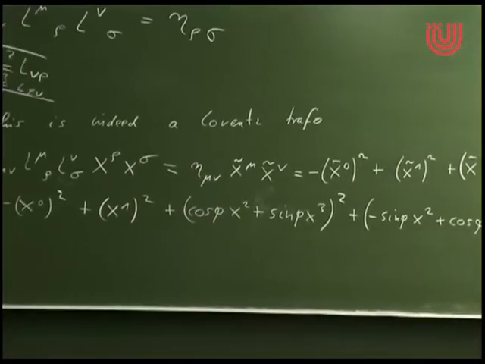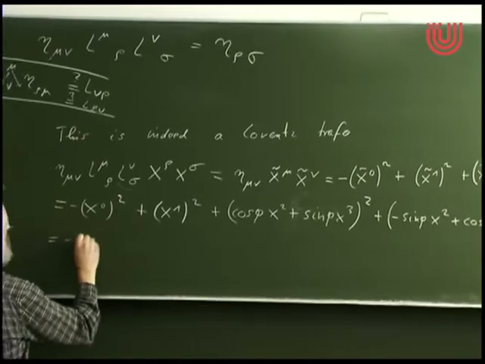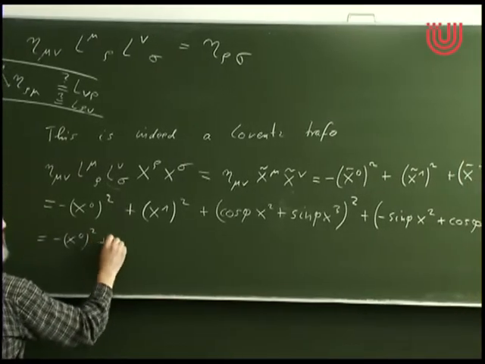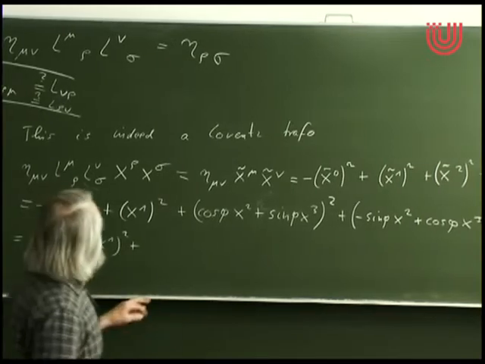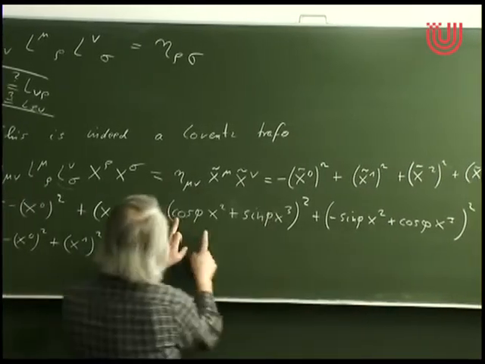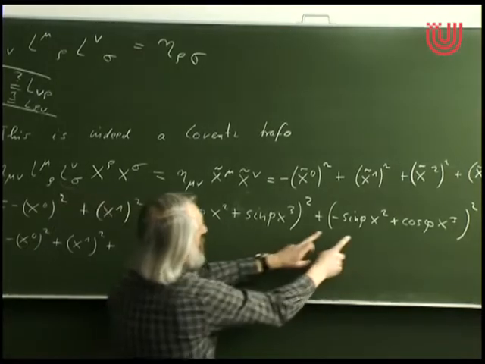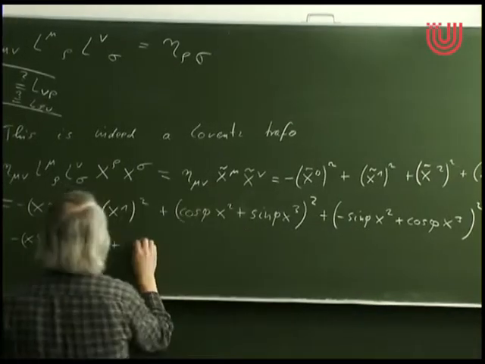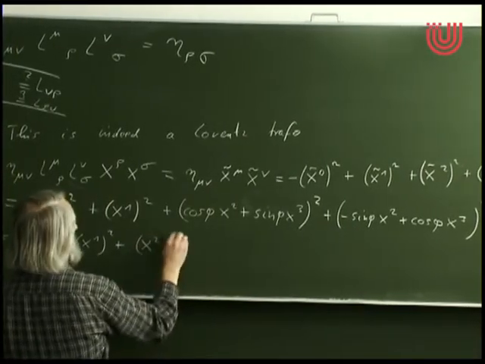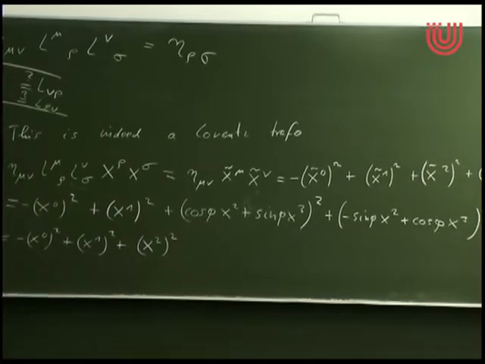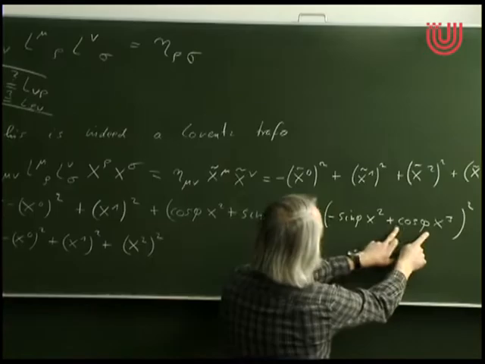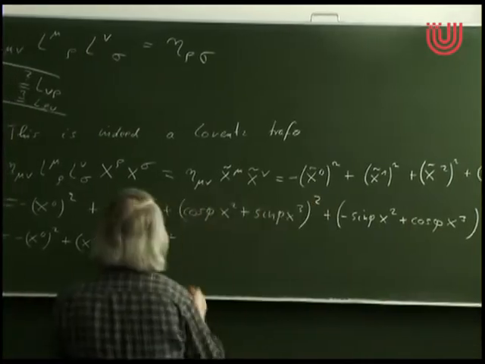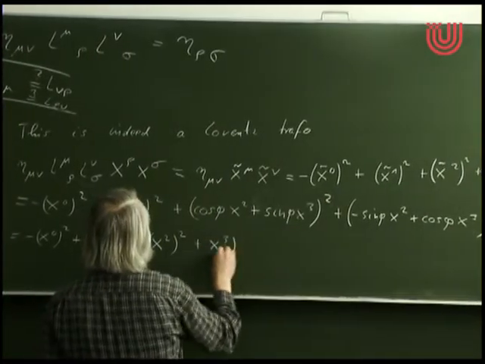Okay, and that can be easily calculated with the help of trigonometric identities. So x2 squared comes with a factor cosine squared plus sine squared, so that's 1. So I just get x2 squared, okay? x3 squared comes with a factor sine squared plus cos squared, that's again 1, plus x3 squared.